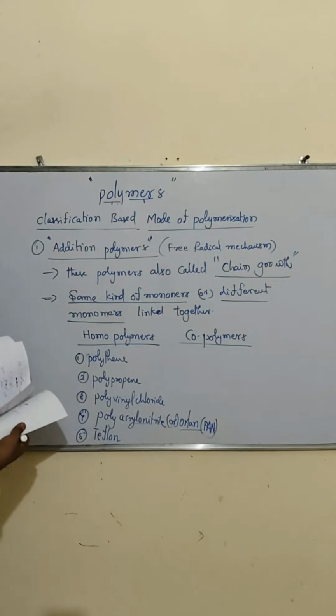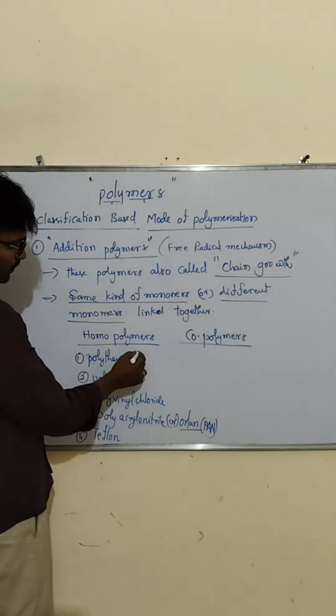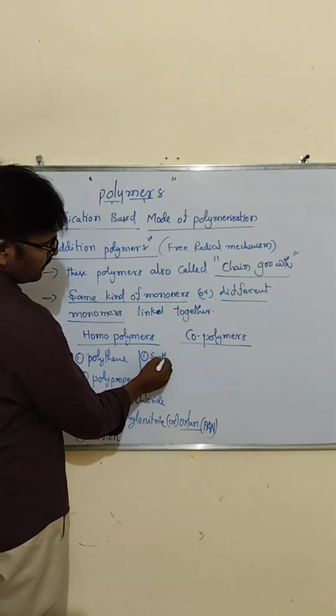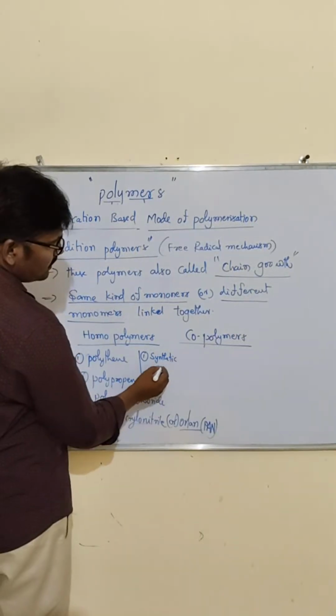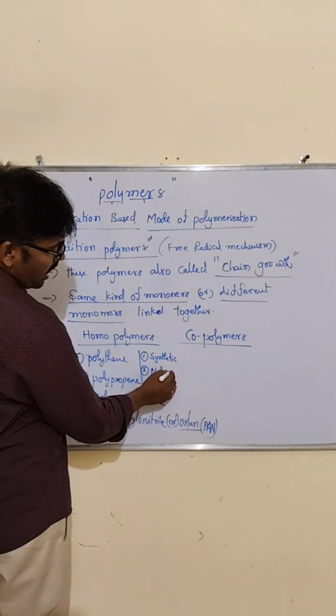Note all the examples are very important to you. Then even synthetic polymer and natural polymer: synthetic rubber and natural rubber.